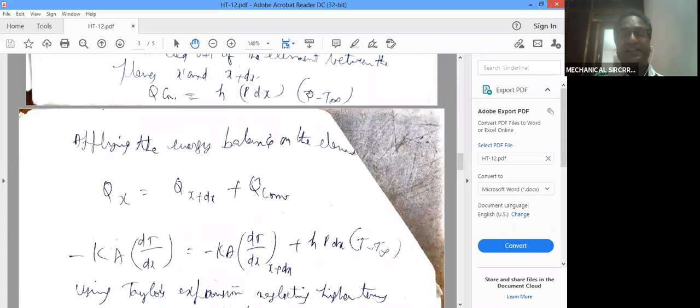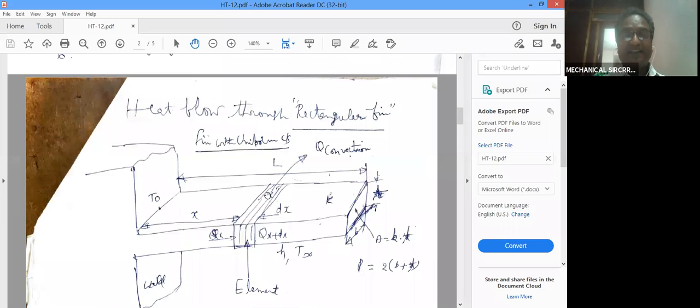But how do you calculate this surface area? Perimeter P into dx.